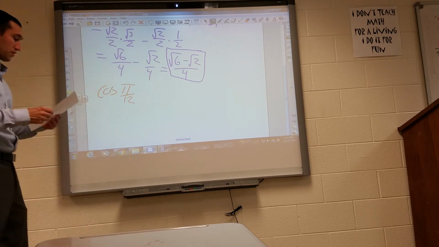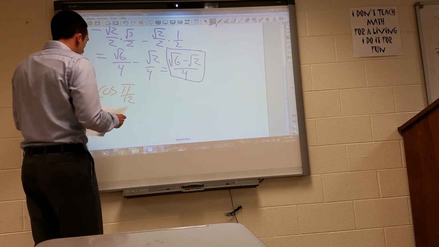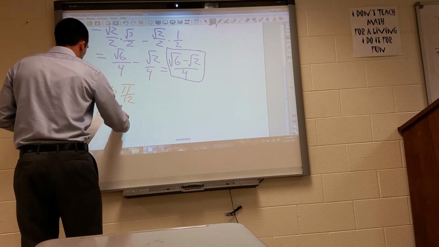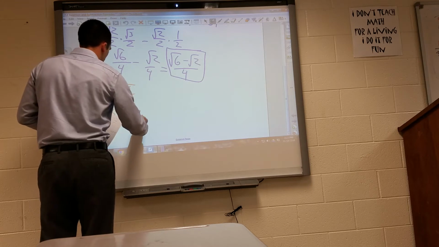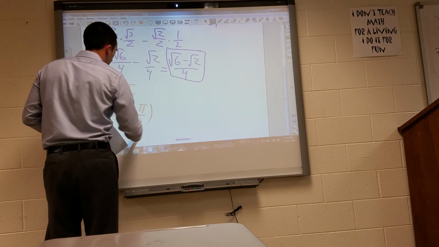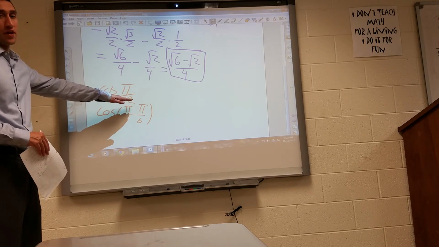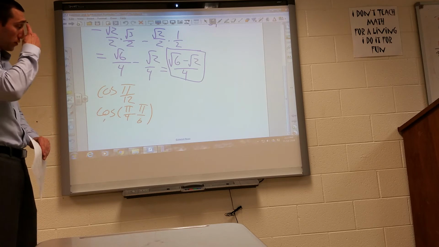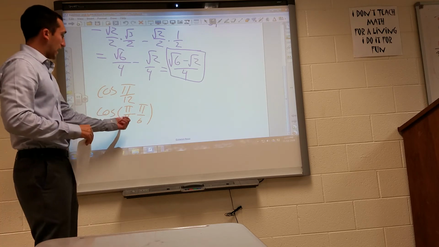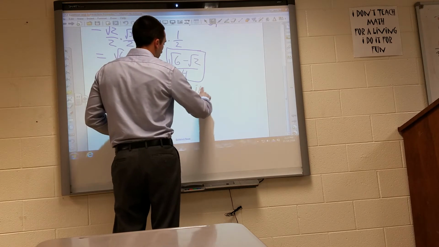Okay, so I want to find the cosine of pi over 12. To get there, I came up with cosine of pi over 4 minus pi over 6. Now, how I came to that? I know I have to have a denominator of 12 and a difference of 1 pi over 12. So I came up with pi over 4 minus pi over 6.